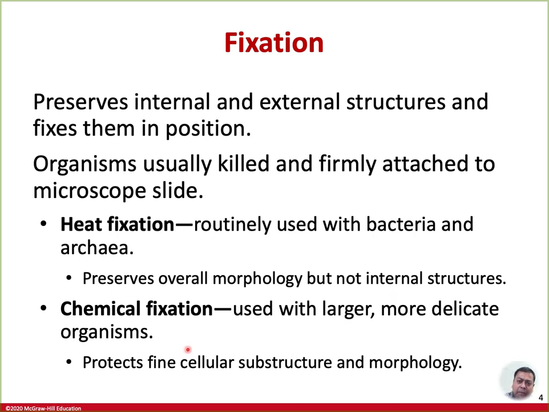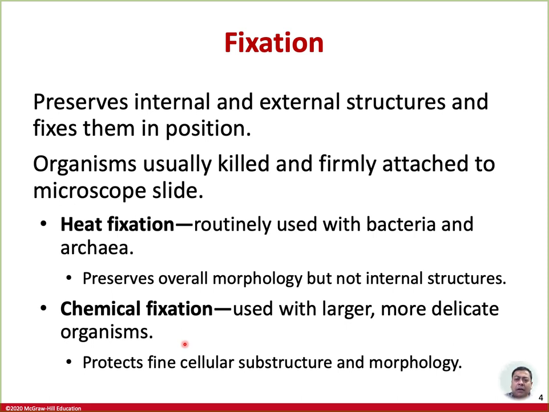On the other hand, chemical fixation is used to protect the fine cellular structure as well as morphology. It is used when examining microorganisms with many electron microscopic techniques. Chemical fixatives penetrate the cells and react with the cellular components, usually proteins and lipids, to render them inactive, insoluble, and immobile.